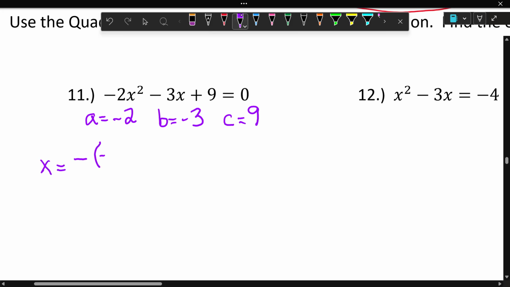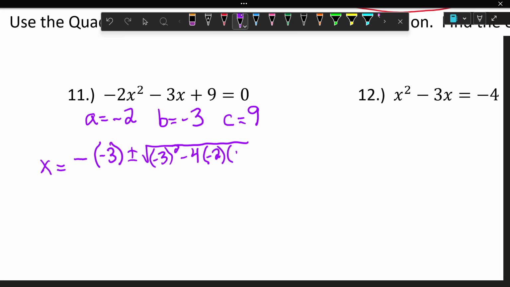So negative B plus or minus, that's how we get our two answers, the square root of B squared minus 4 times A times C, all divided by 2 times A. And now we just need to use our order of operations and simplify it. So of course, negative 3 is just a positive 3.